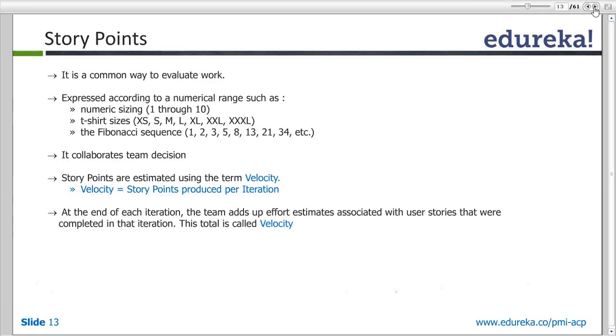No, nothing, it's just the complexity. Okay, it's just the complexity value. So 2 was its complexity, 3 was another complexity, and 5 was another complexity. All the 3 were completed, and so the sum, the velocity, is 10. Yeah, 10.